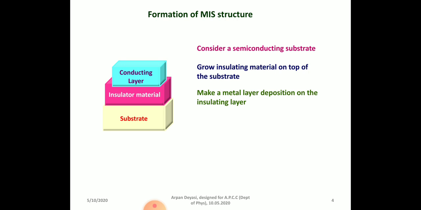Metal has the highest conductivity, insulator has the lowest conductivity, and semiconductor is between them. Now at this point, just think about applying bias. Let's say the metal side is positive and the semiconductor side is negative, or you may reverse it. Doesn't matter. So if you apply bias, what will happen?